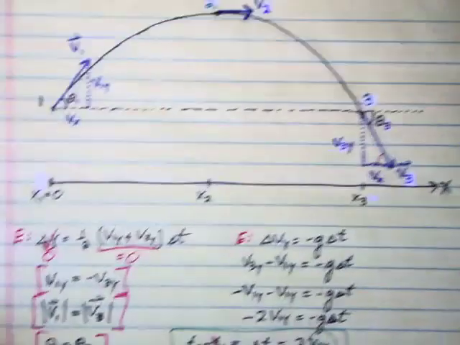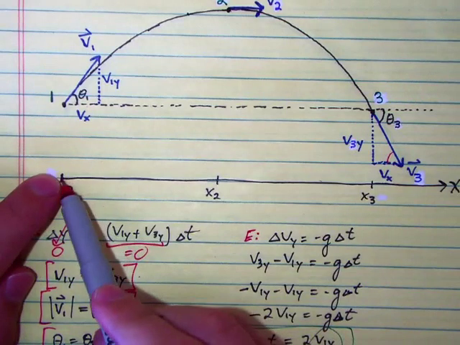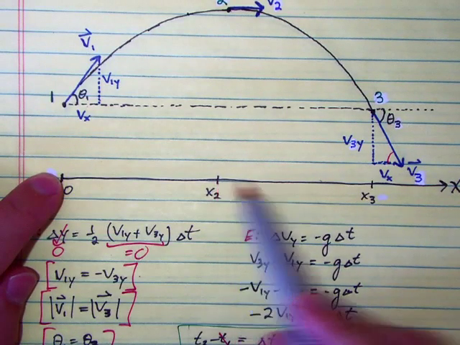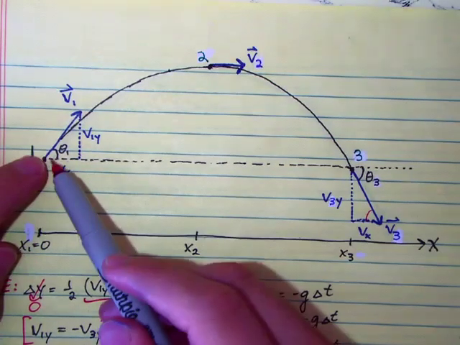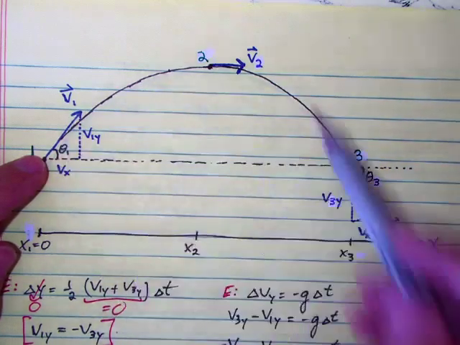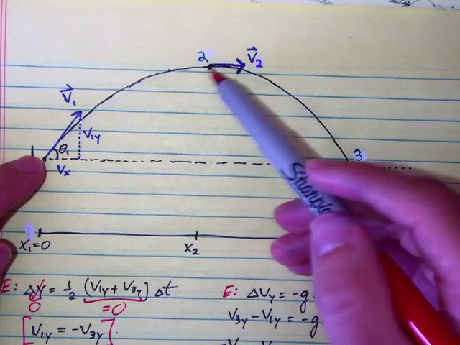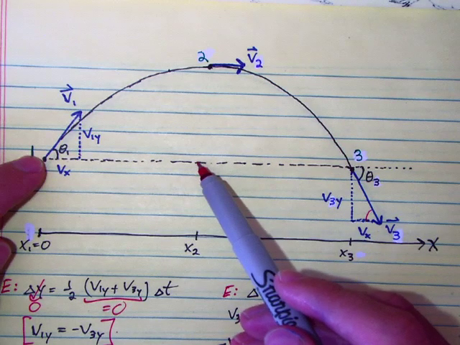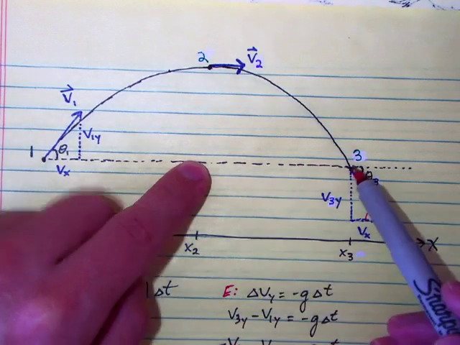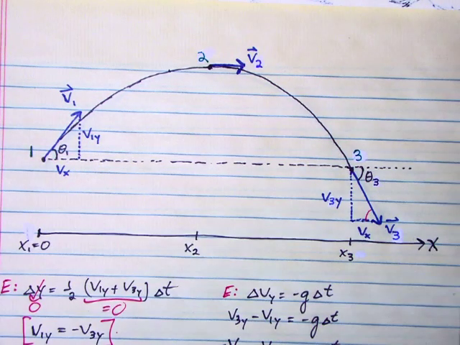So what we just showed there is that this distance here is exactly half the total distance traveled. Something you probably could have predicted. Our parabola here is perfectly symmetric. The time it takes to get to the top is equal to the time it takes to get to the bottom, and the distance it travels to the top is exactly equal to the distance it travels from here to there. There we go.